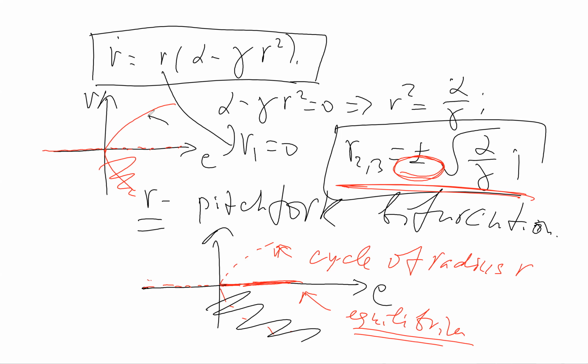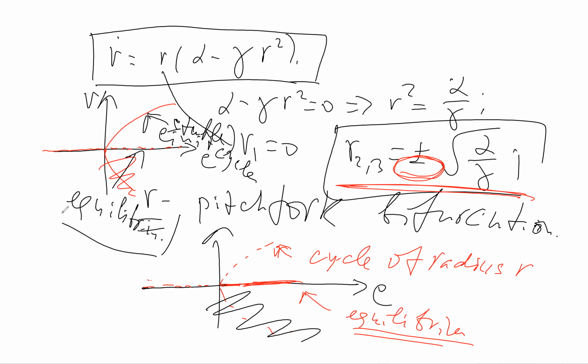So this is a stable limit cycle, and this is still our equilibrium. This is what it says when we change the parameter: our stable equilibrium becomes unstable, and we get a stable limit cycle.